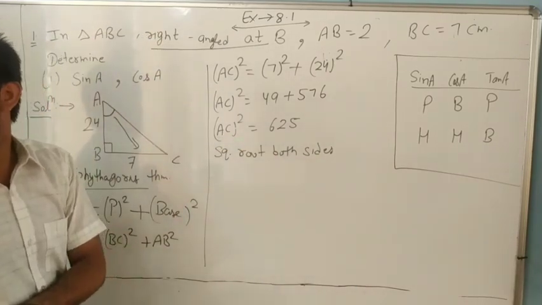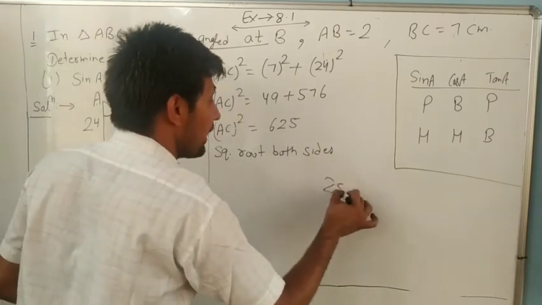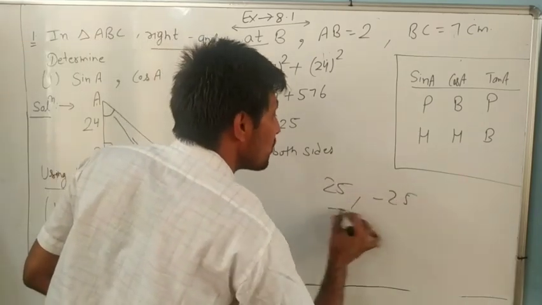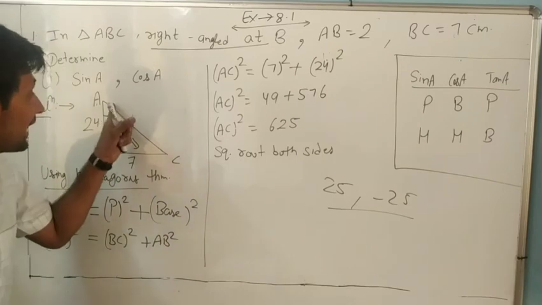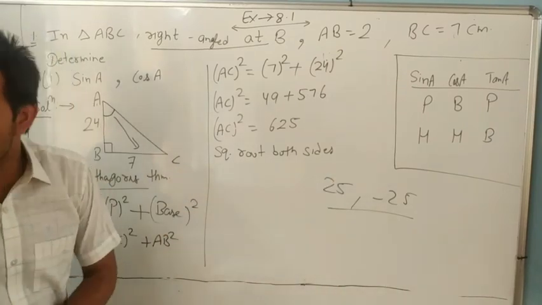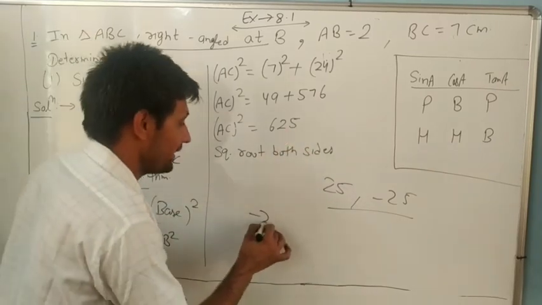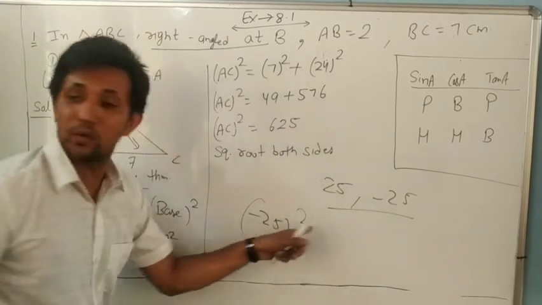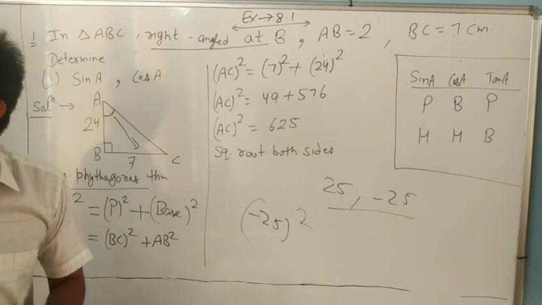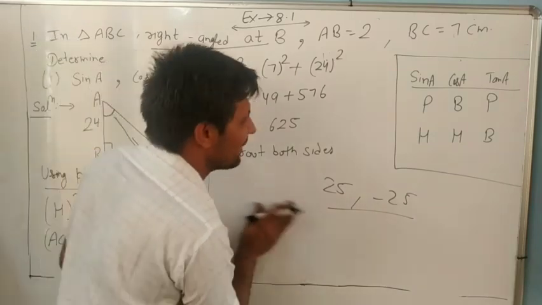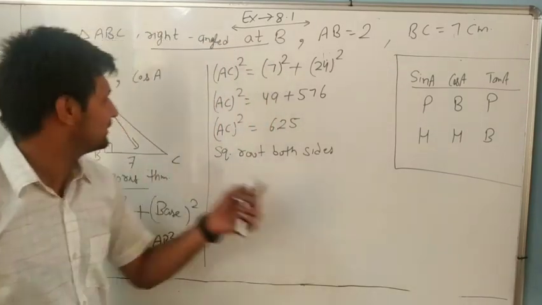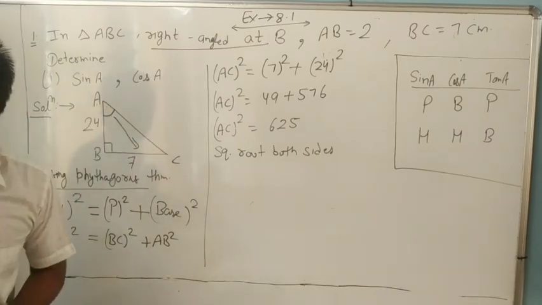What is it? 25 and minus 25 also, both are possible, but the side of a triangle is always positive, because 25 square is 625 and minus 25 square is also 625, since the square of a negative number is always positive. So that's why we did not take minus, because the side of a triangle is always positive.